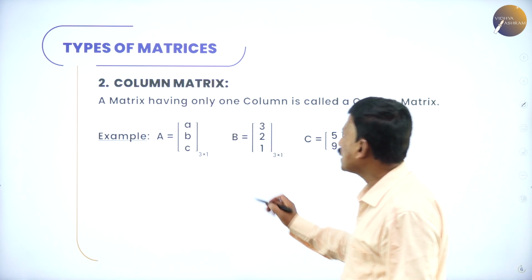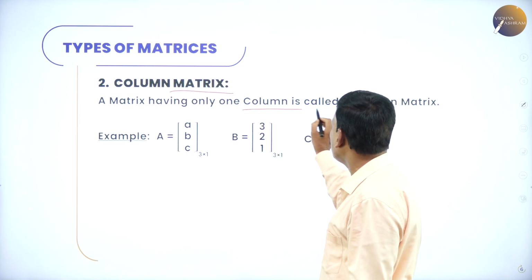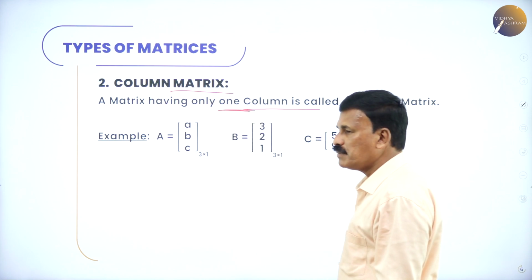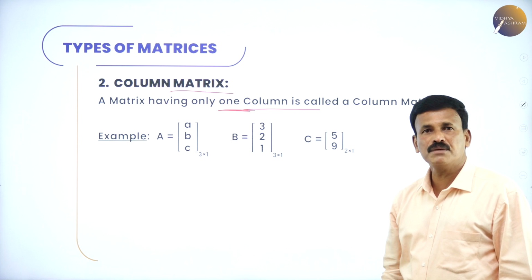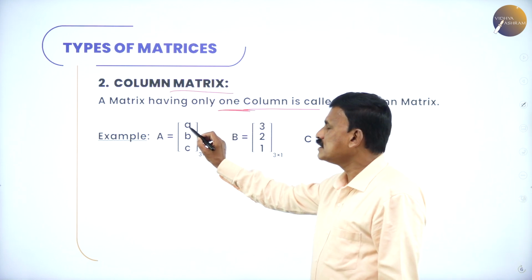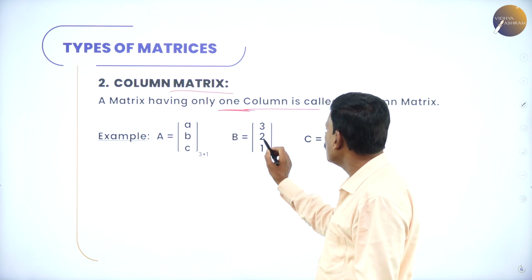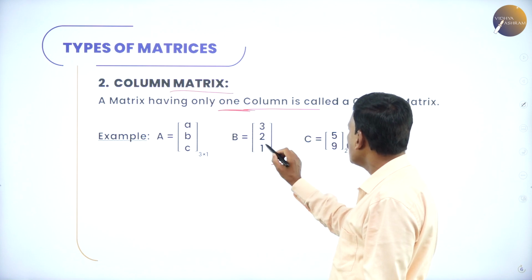Now, let us come to the second one, the column matrix. A matrix having only one column is called a column matrix. So, for example, A, B, C. This contains 3 rows and 1 column. This also contains 3 rows and 1 column.